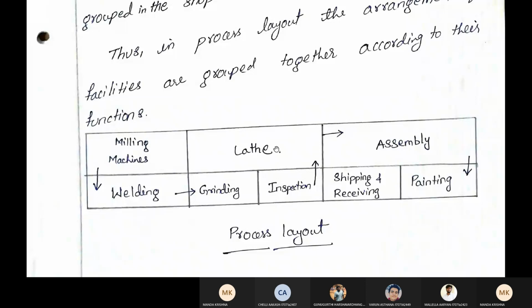Milling machines are on one side, lathe machines on one side, assembly line, welding, all types of welding, grinding, inspection, shipping and receiving, and painting. These are all at different locations, but depending upon the operation sequence of the product, it will be moving from one place to another place.